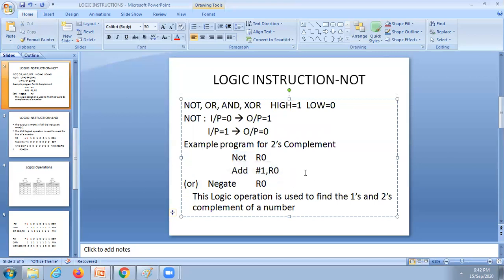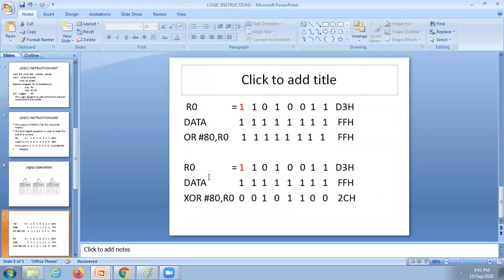Here we are applying the NOT operation on 1 bit only, not on 2 bits.